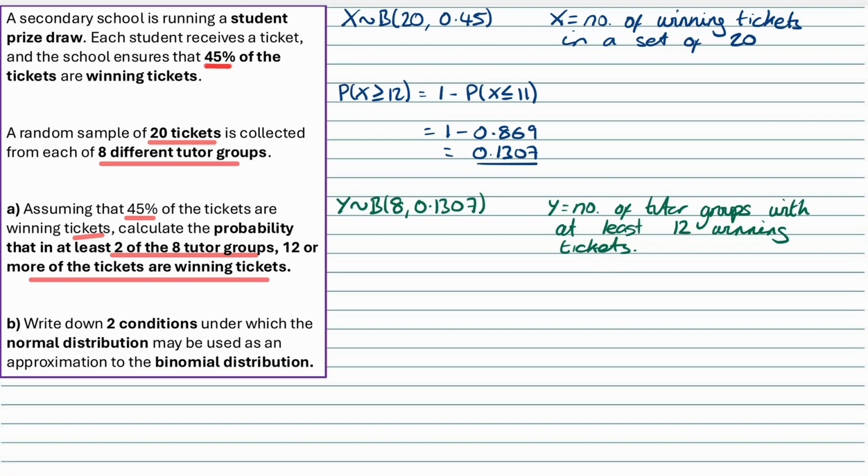And we want to work out the probability that at least 2 of the 8 tutor groups have 12 or more winning tickets. So we want the probability of Y being greater than or equal to 2. So this will be 1 minus Y being less than or equal to 1.